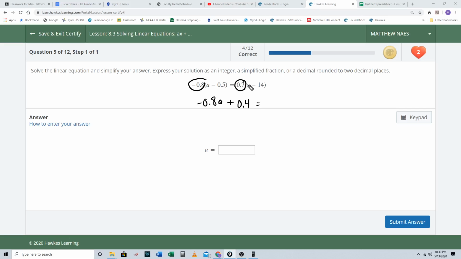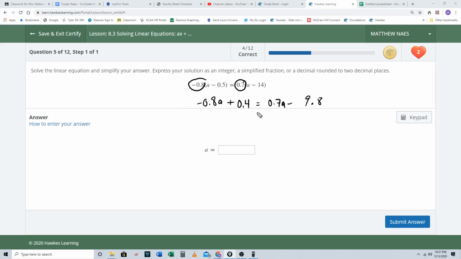Negative 0.7 times a, or sorry, that's not negative, it's positive, so 0.7a minus 0.7 times 14, which is 0.98.